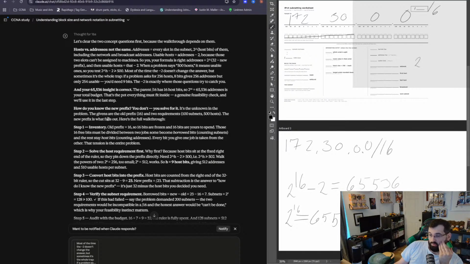Here is the walkthrough. Step 1, inventory. Old prefix equals 16. So 16 bits are frozen and 16 bits are yours to spend. Okay, that makes sense. Those 16 free bits must be divided between 2 jobs: becoming borrowed bits, counting subnets, and the rest stay host bits.